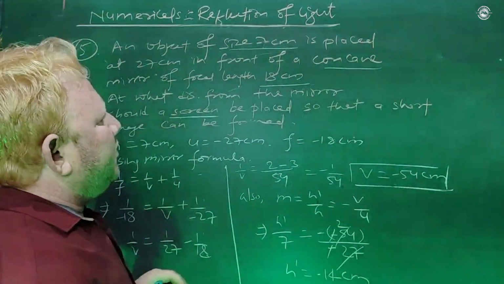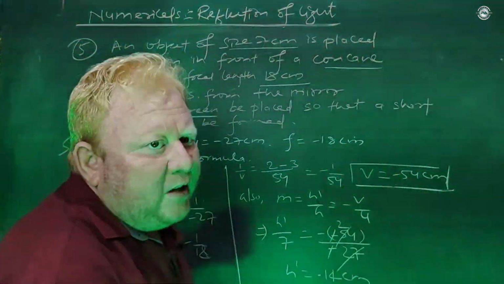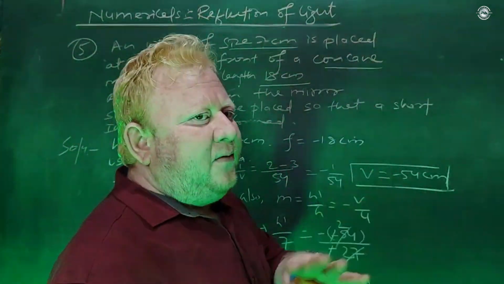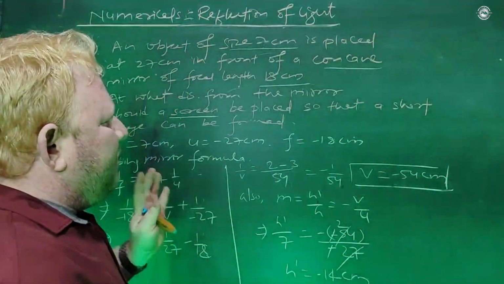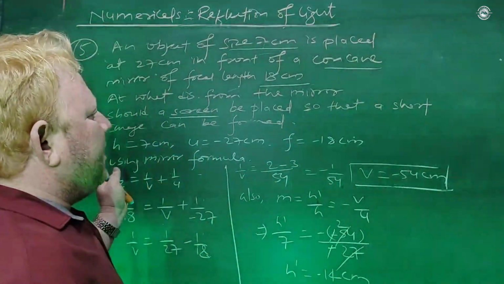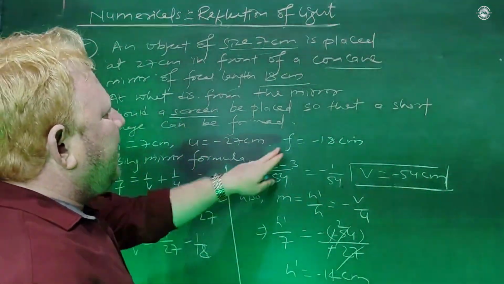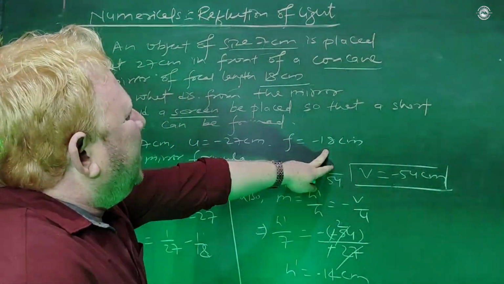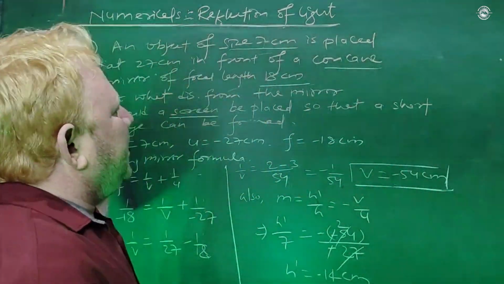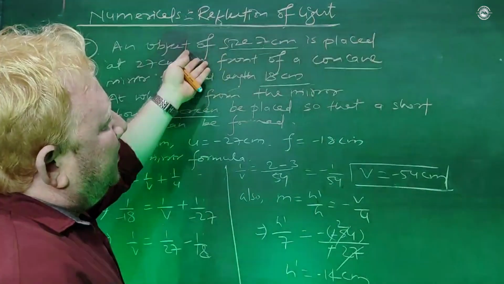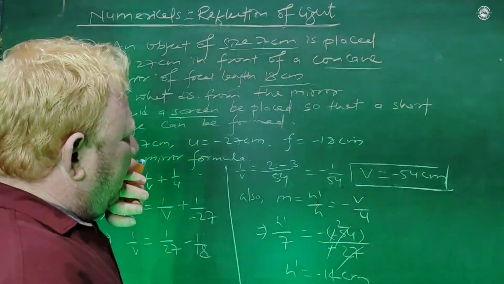So this is the case number 4, when the object is placed in between C and F, the real, inverted and magnified image is formed beyond the center of curvature. Here also it is clear: the focal length is 18, so twice of 18 means 36, and beyond 36 is 54.